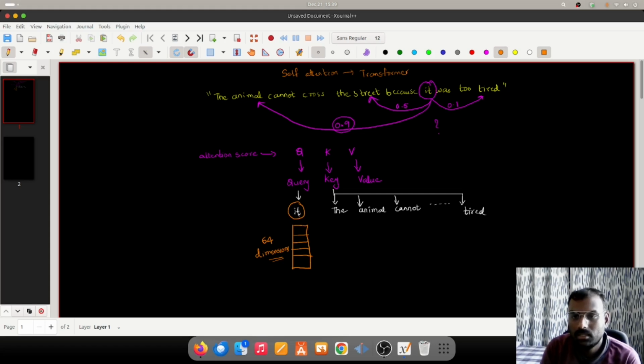So this is mapped with every word. Every word in the sentence will have a vector like this, numerical vectors. Right? So for each word we will do the dot product, right?